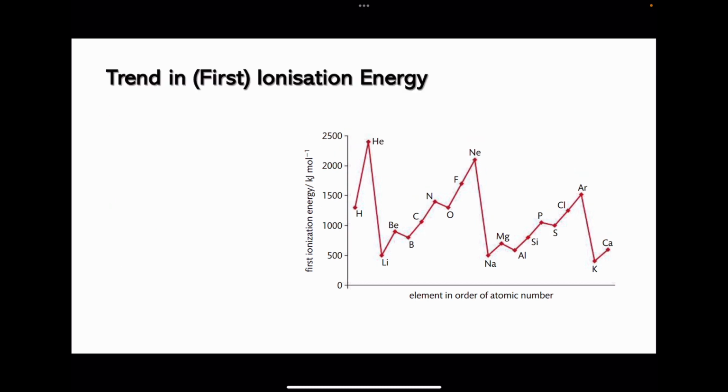The trends in first ionization energy are that, first of all, noble gases have a full outer shell, a perfect 8, so they don't like their electrons pulled away. Then the further away from a perfect 8, the easier it becomes to take electrons from the atoms.